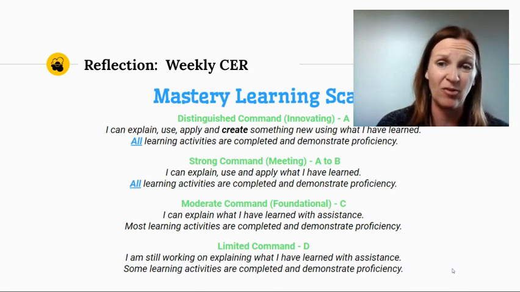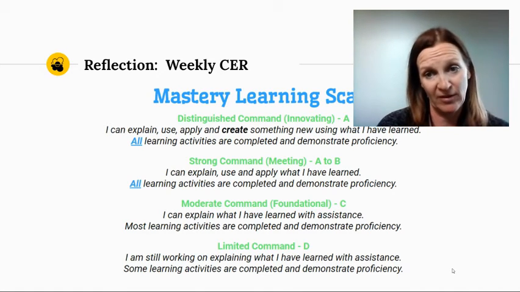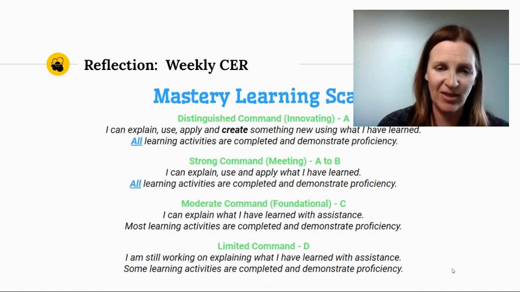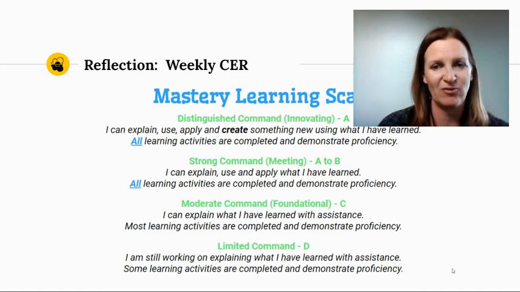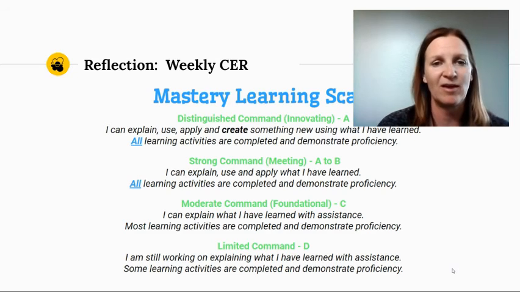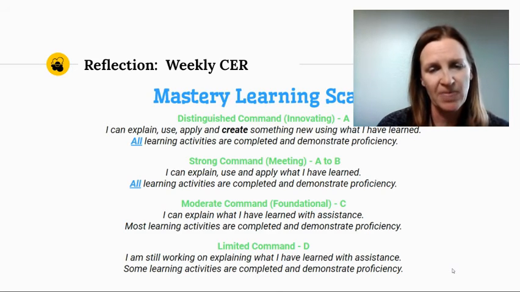And then as a result, what letter grade best reflects their learning. They will be making a claim about the letter grade that reflects their learning. They will be supporting that claim with evidence from at least 2 learning activities that we completed. And then they will be using reasoning to explain how those learning activities really demonstrate their learning.